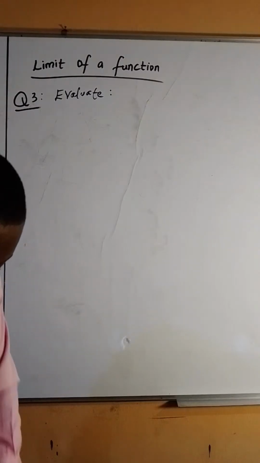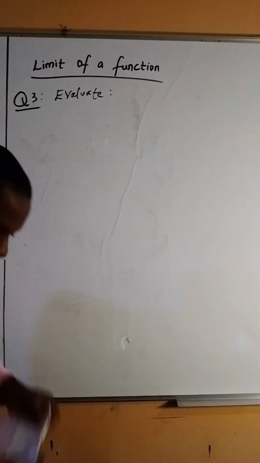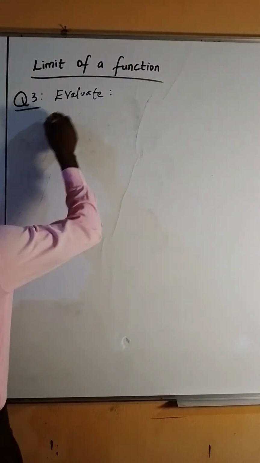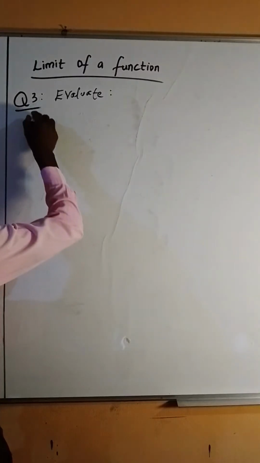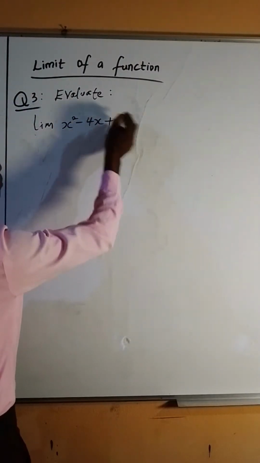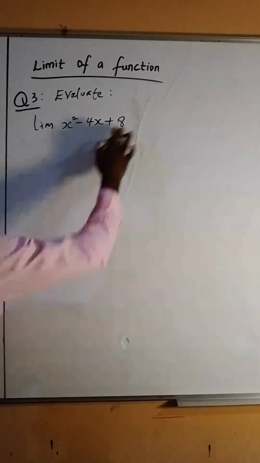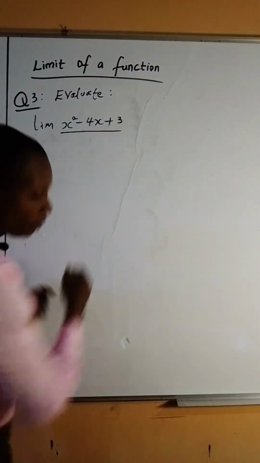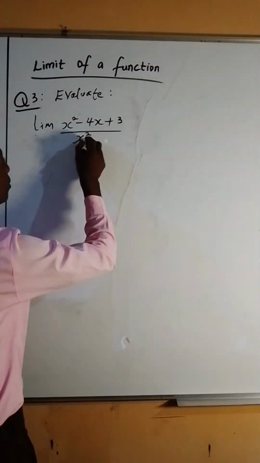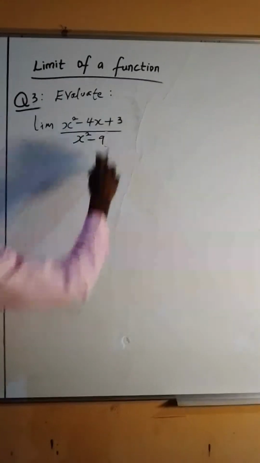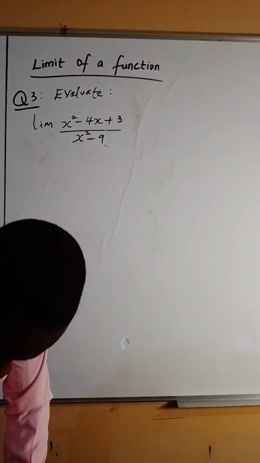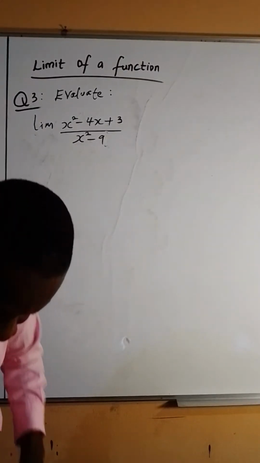We have to evaluate the limit of x squared minus 4x plus 3, sorry, not plus 8, plus 3, divided by x squared minus 9, as x approaches 3.